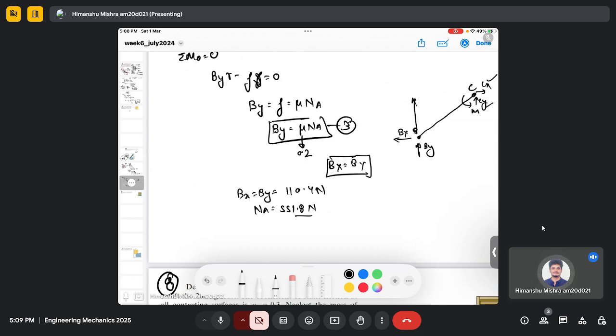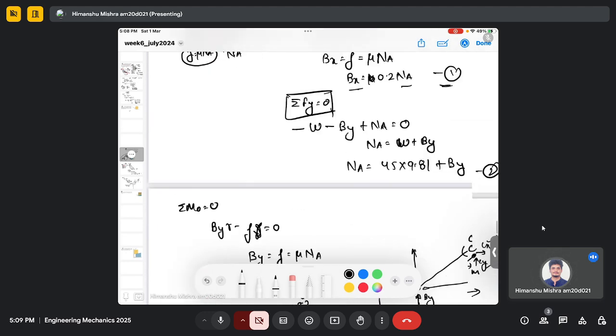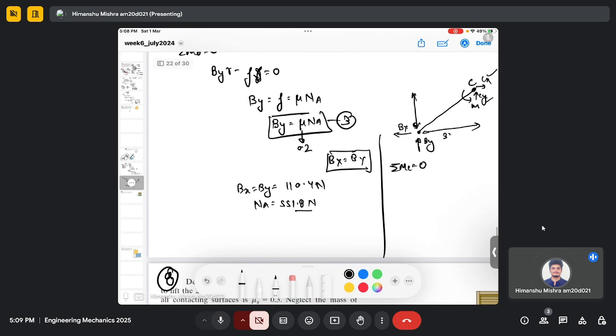So this is my perpendicular distance for Bx, and this is my perpendicular distance for By. If I take the moment about point C and equate it to 0, I will have Bx with a perpendicular distance of 400 millimeter, and By with a perpendicular distance of 300 millimeter.